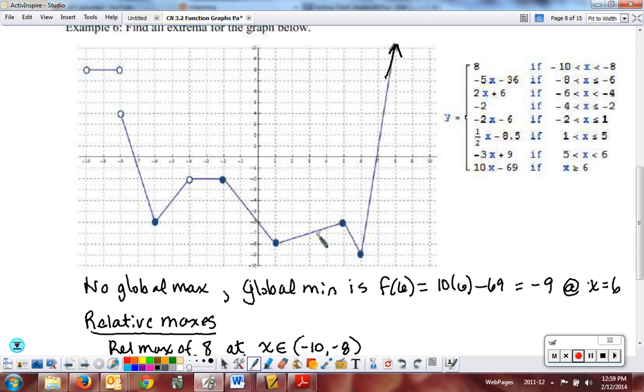What if I just had it coming in and going down? Would you skip it? Because I'm looking at a local section of the graph and I'm saying, hey, does that look like a low point on that little local section of the graph? And if it does, I include it. Doesn't matter whether I actually put a dot there or not. I'm looking for high points and low points on sections of the graph.